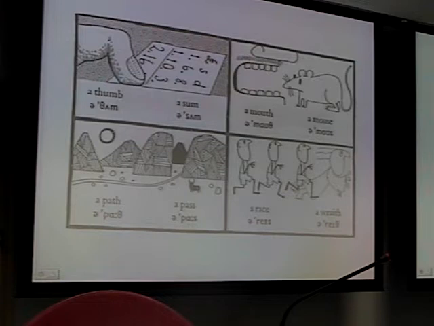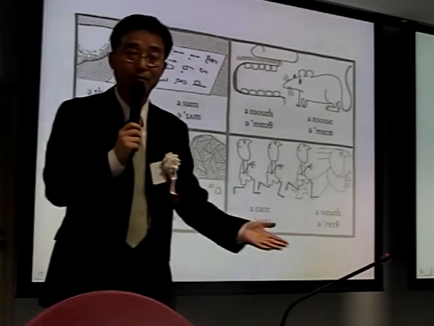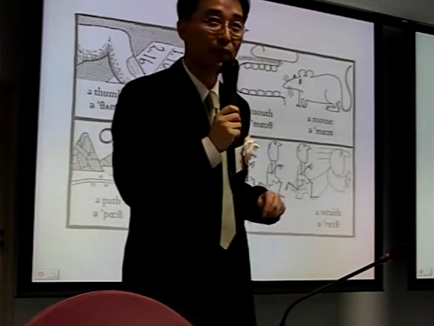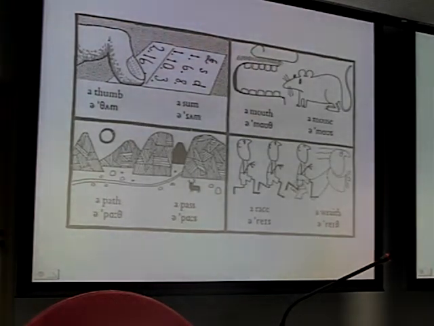The first one is "thumb," and the second one is "sum." Okay? So first one, second one. Which one is this? Second one. Which one is this?